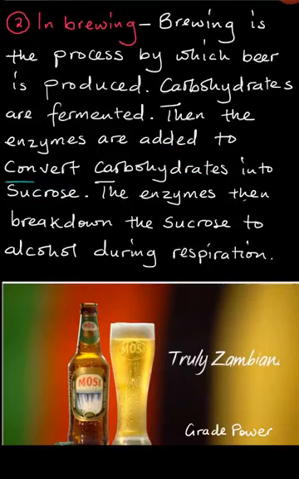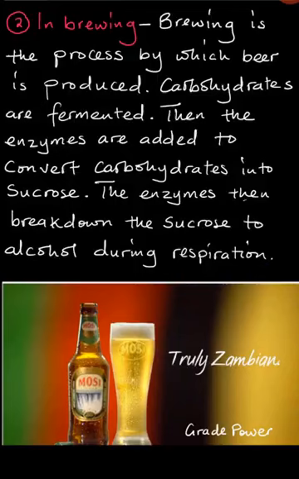This sucrose is a type of sugar that is very important in the manufacturing of alcohol or beer. Once this has happened, the enzymes then break down this sucrose to alcohol during the process of respiration.